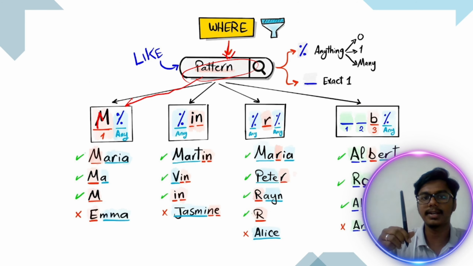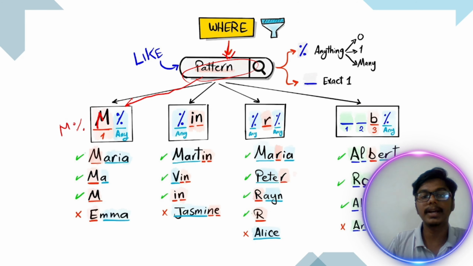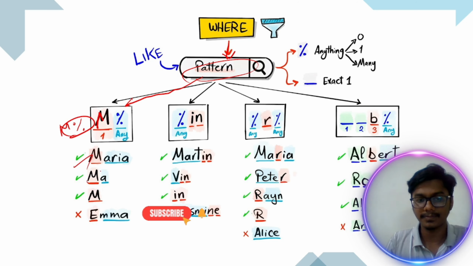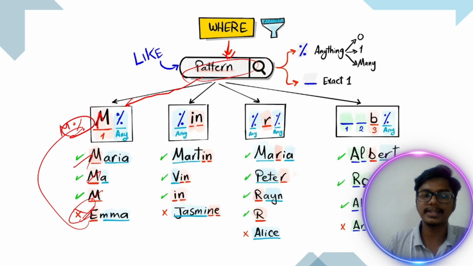If you know the first letter, right? So let me put M, and after the M I put the percentage operator. In SQL it's like a wildcard operator. It checks in my DB whether the first letter is M. Yes, it's passed. If it's E, it's failed. So that's the basic condition of M.